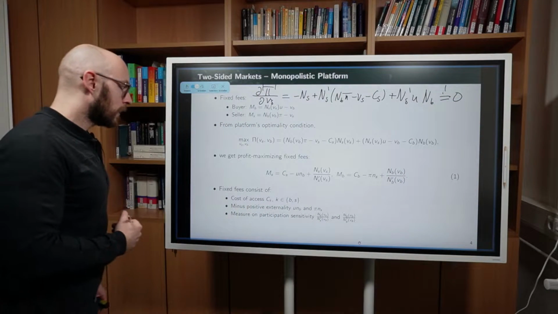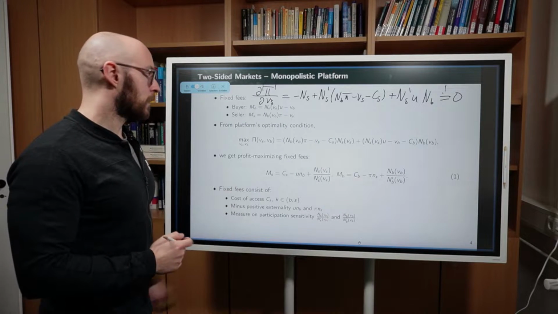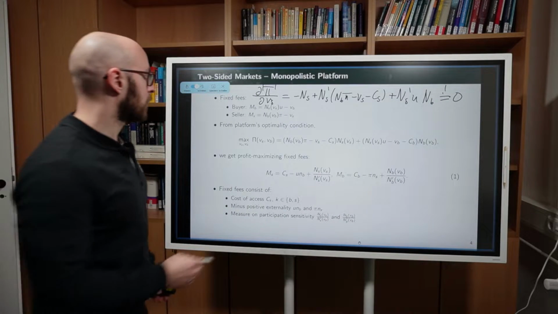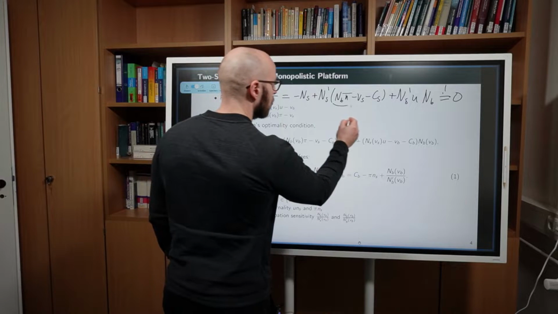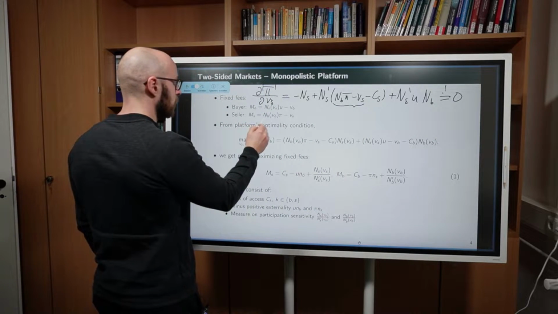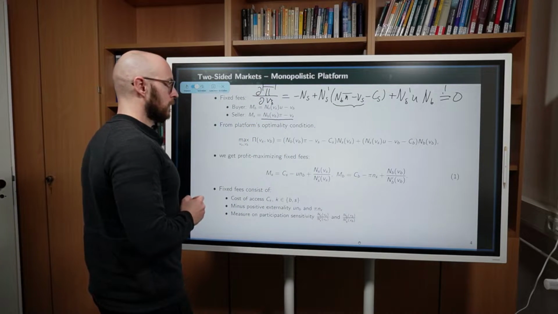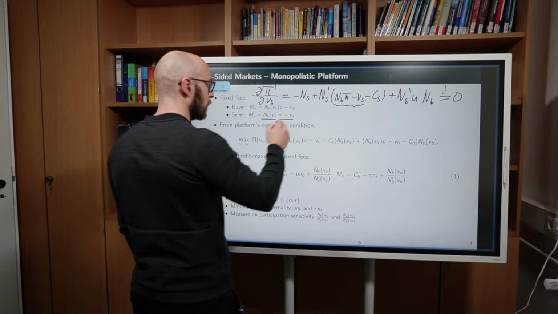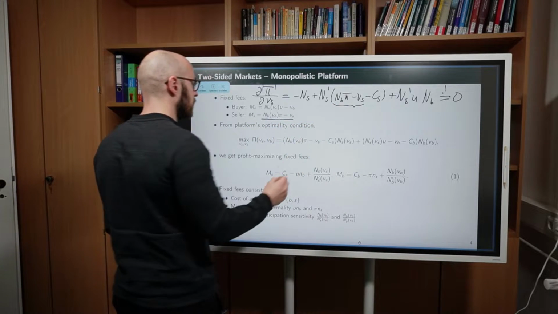Now what you do in order to get to the profit maximizing fixed fee is to realize that this part here is exactly this one, right? So NB times pi minus VS, that's exactly this.